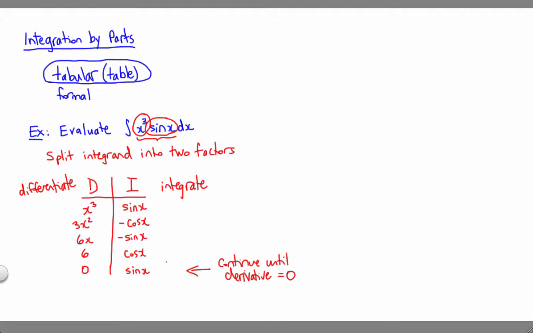Now, before we go on with the process, let's ask a quick question here. Let's see what would have happened if we had reversed the factors, meaning if when we set up this table, we had put sine x in the D column and x cubed in the integration column.